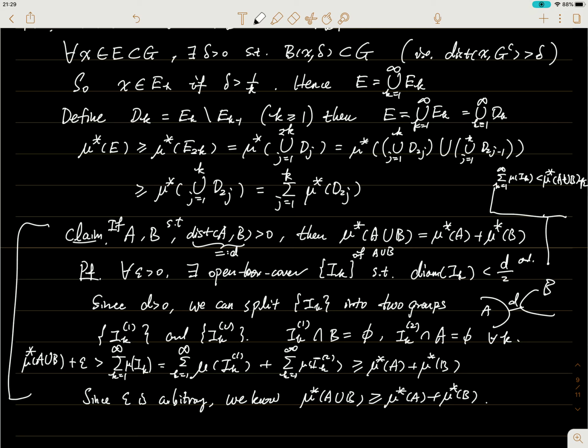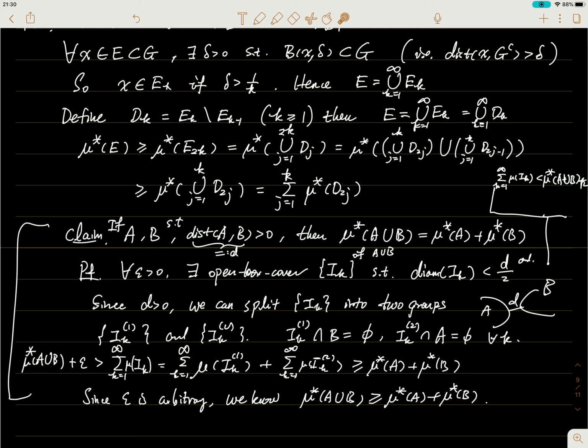So what I'm trying to say here is that if A and B are separated so that the distance is positive, then you can feel free to split their measures. The measure of their union is just equal to the sum of their measures. And you can have finitely many sets if the distance between any two is positive. Then you can have something similar. The outer measure of the union will be equal to the sum of their individual outer measures.